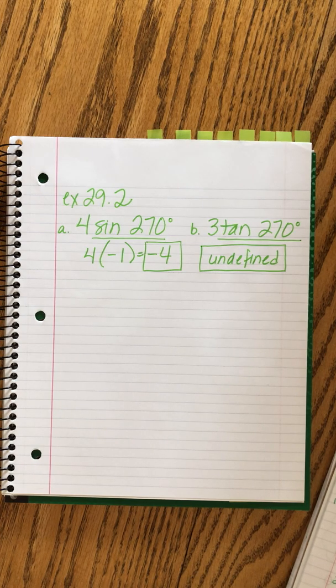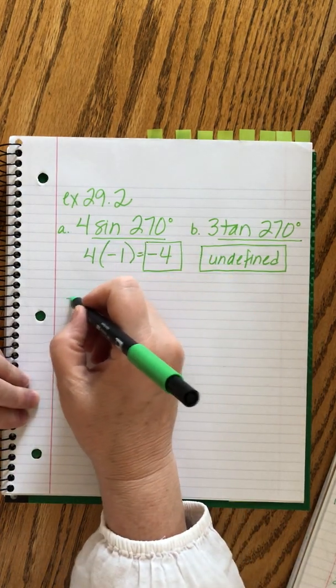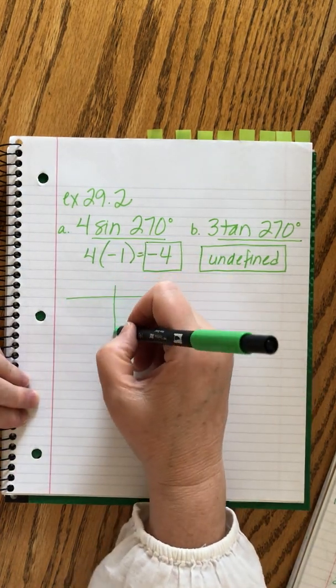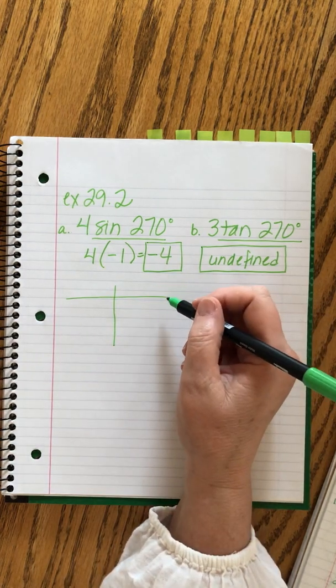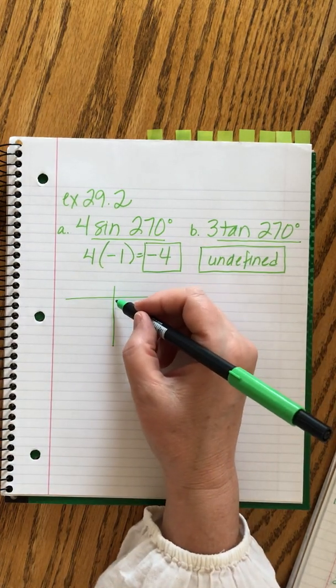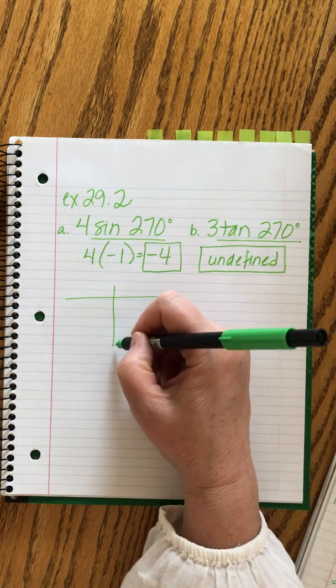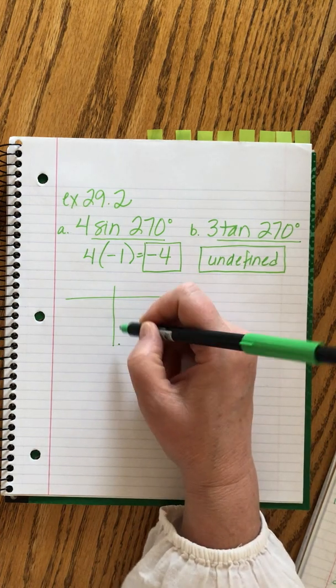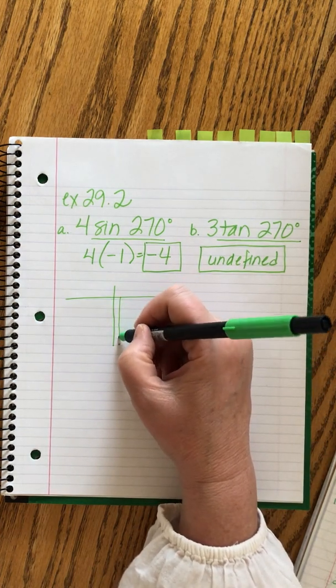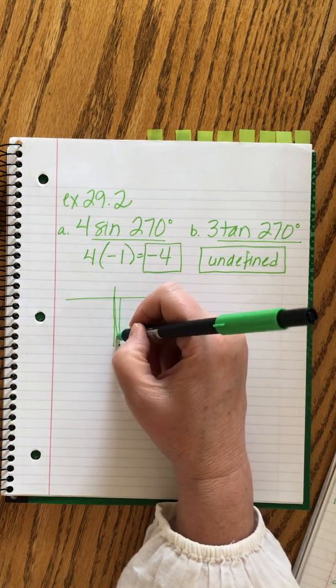Okay, now we'll just quickly review again how to draw the picture. 270 degrees is the down one, right? So we're not exactly at the end, but we're imagining a point that's really close to it. So it'd be like this, right?